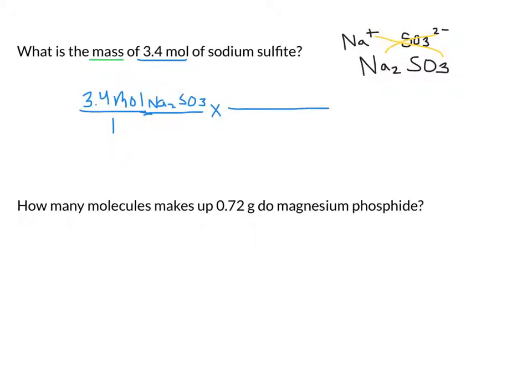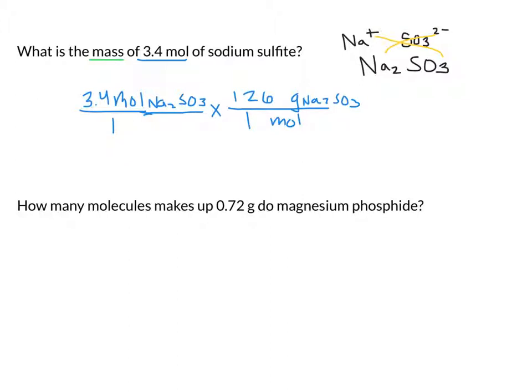So for dimensional analysis, we go moles on top, and we're going to put moles on the bottom. We're treating moles like a unit of measurement, and it's asking us to find the mass. I know that for every 1 mole of a substance, I can get the mass of that substance from the periodic table, because everything on the periodic table equals 1 mole.